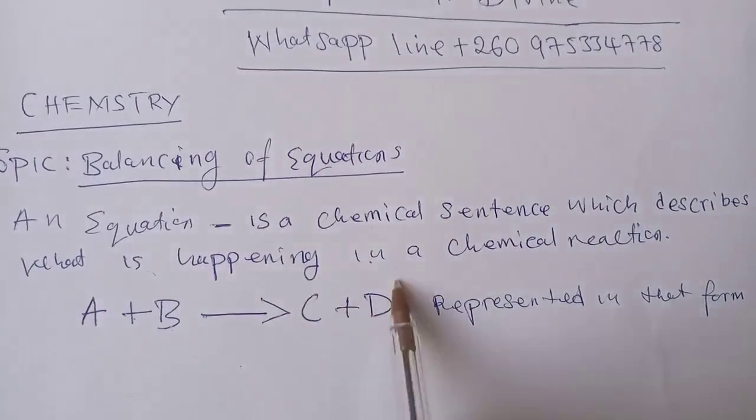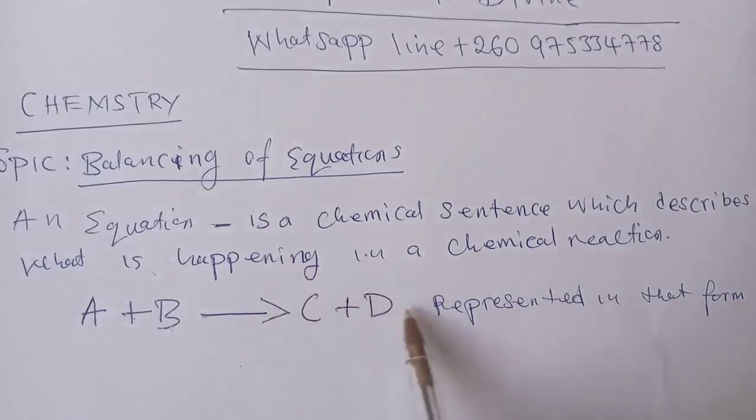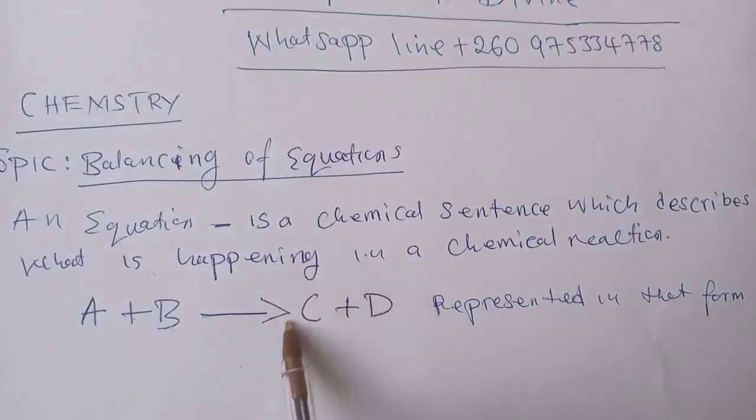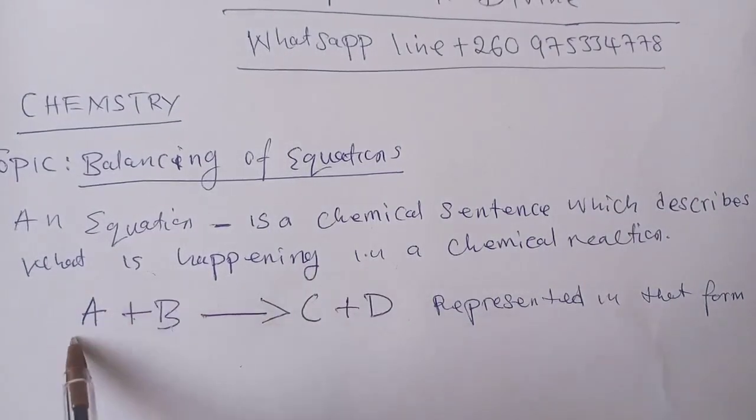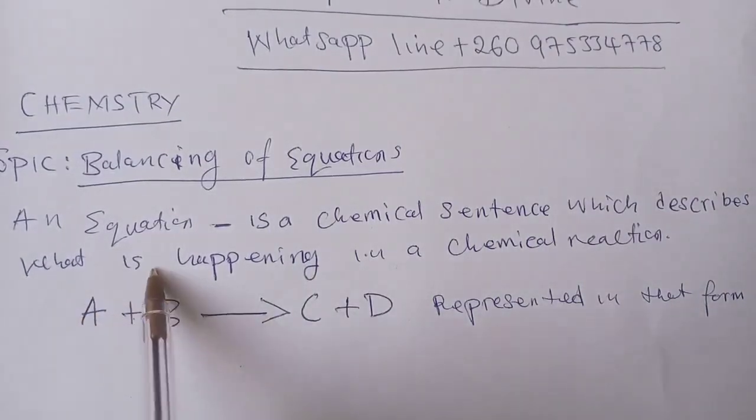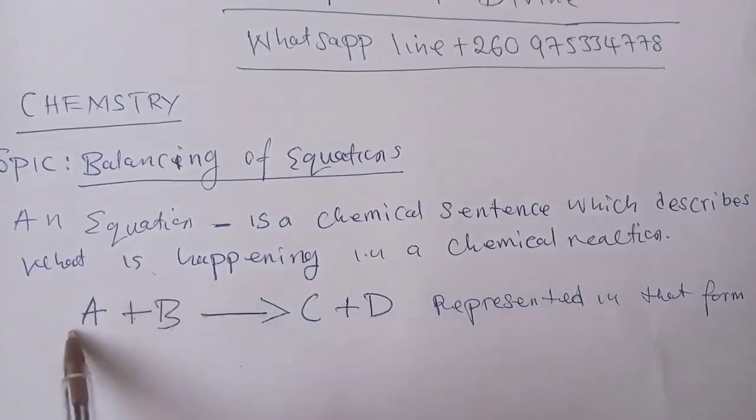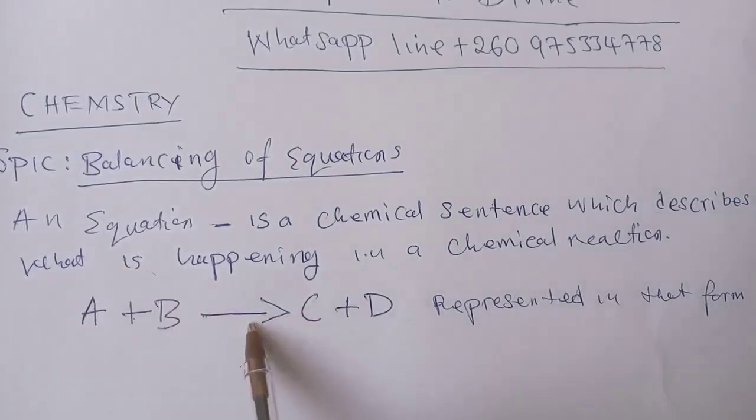These, on your right hand side, are called products. These products are produced when these two react together.